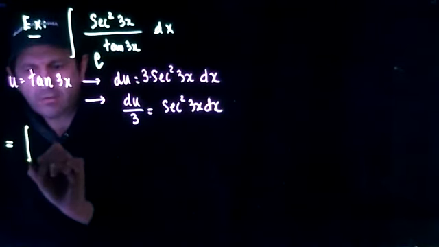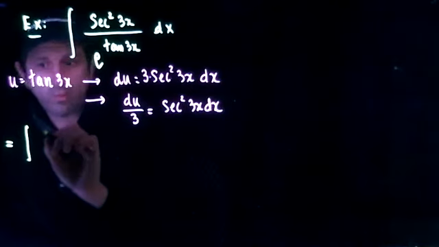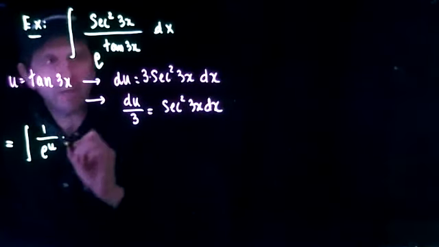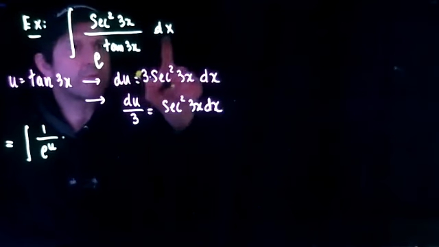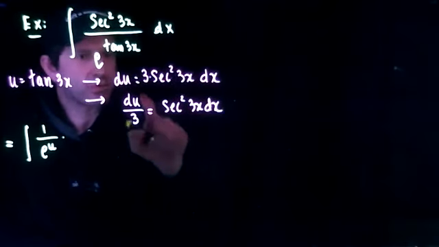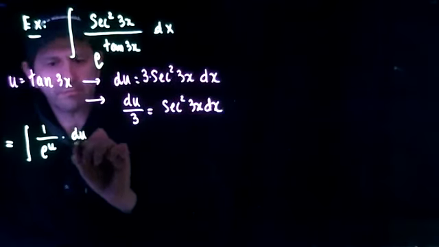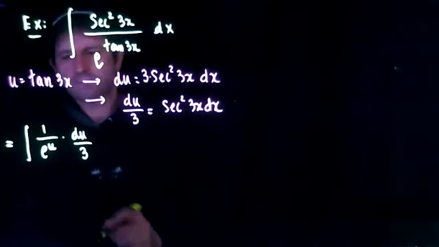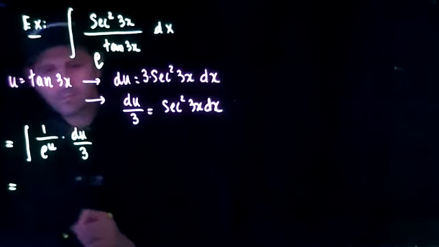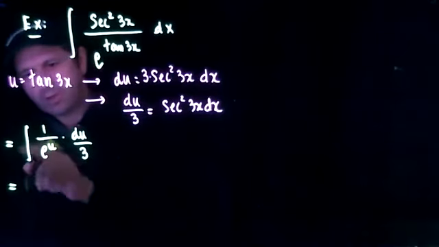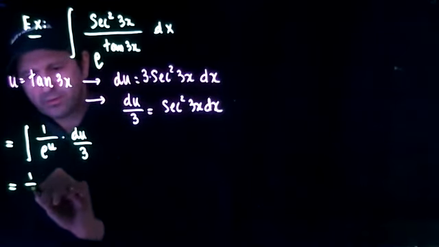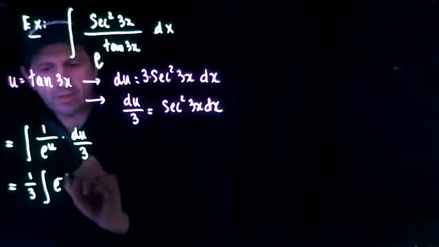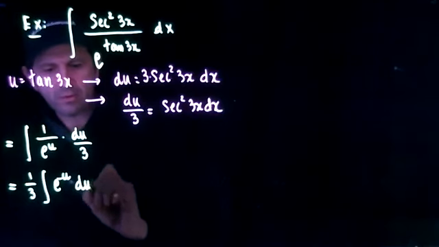It's the integral of 1 over e to the u times secant squared 3x dx, which is just du over 3. So I pull out a third, and the integral of this is just e to the negative u du.